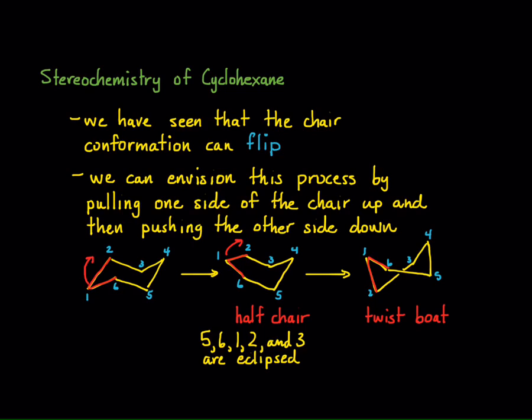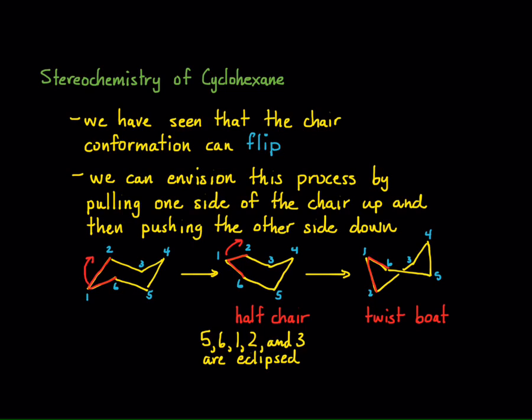I'm still looking at that bond angle there. 2 is kind of pushed down a little because the whole thing twists a little bit. And then I have that 3, 4, 5. Notice that bond angle hasn't changed much. And 6 has twisted up just a little bit. Okay, so now the C2-C3 bond and the C5-C6 bond are not parallel to one another. That's why we call this a twist boat, right? So that's very important to understand.